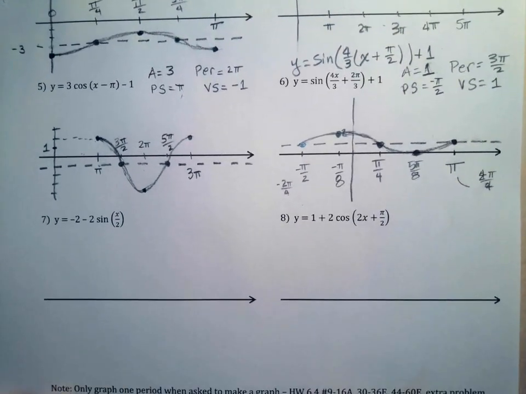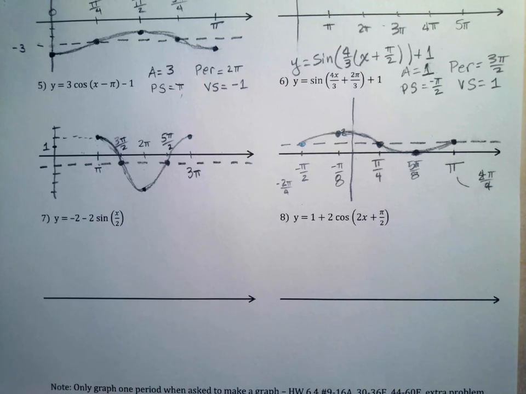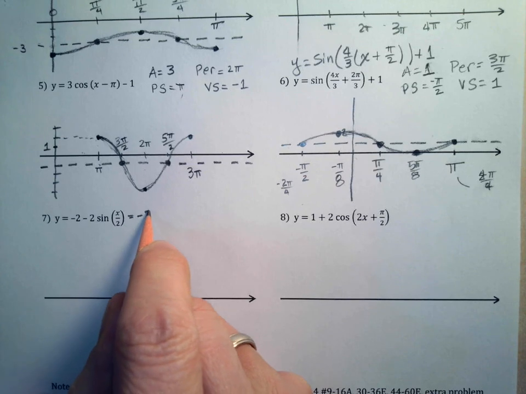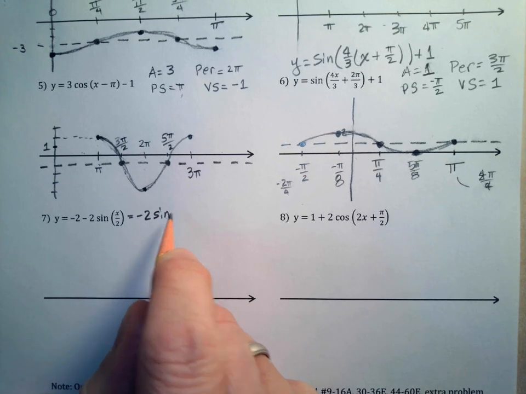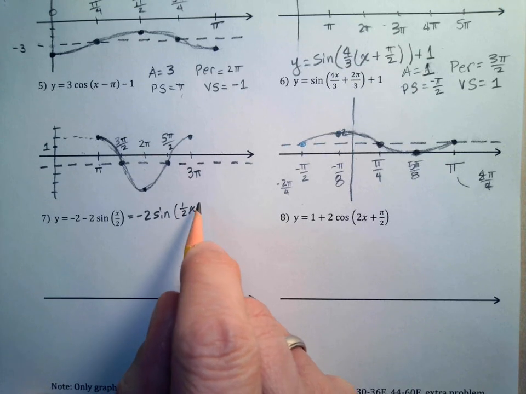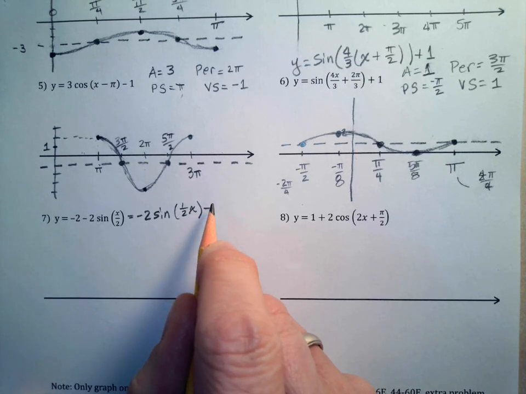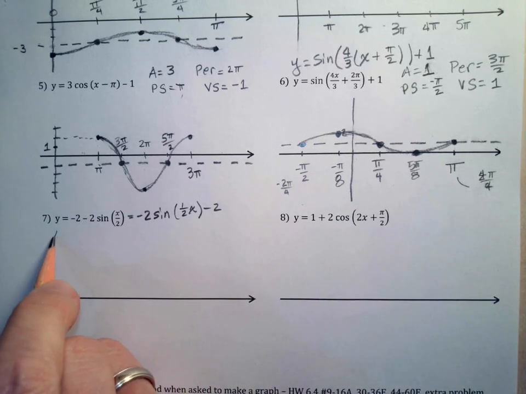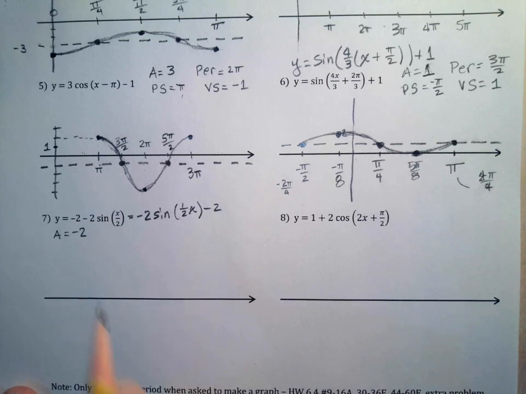So number 7. And again, we could rewrite that. This is negative 2 sine of 1/2 x, and then minus 2. Okay, so let's write what we have. A equals negative 2.